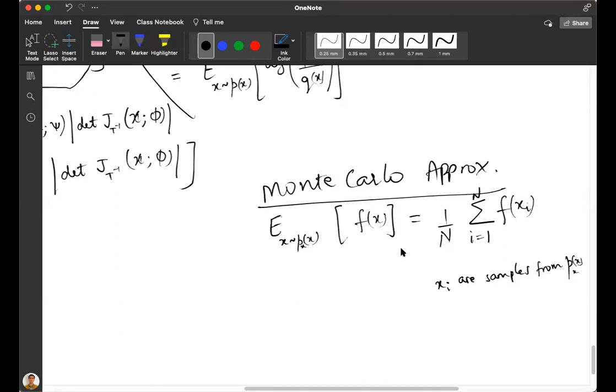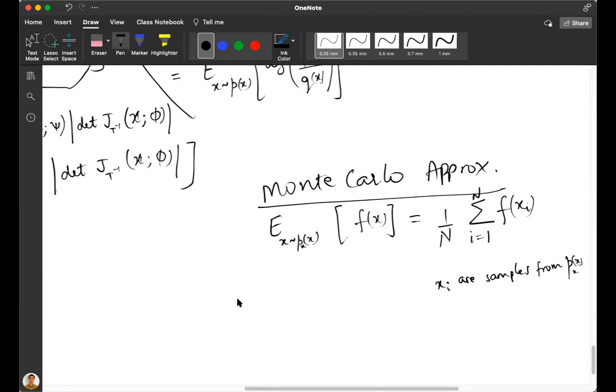Monte Carlo approximation says whenever you want to find the expected value of any function over x, where x are samples from a given distribution, you just get those samples and find this average value, and this should be good enough to estimate the integral, which is a very complicated thing.